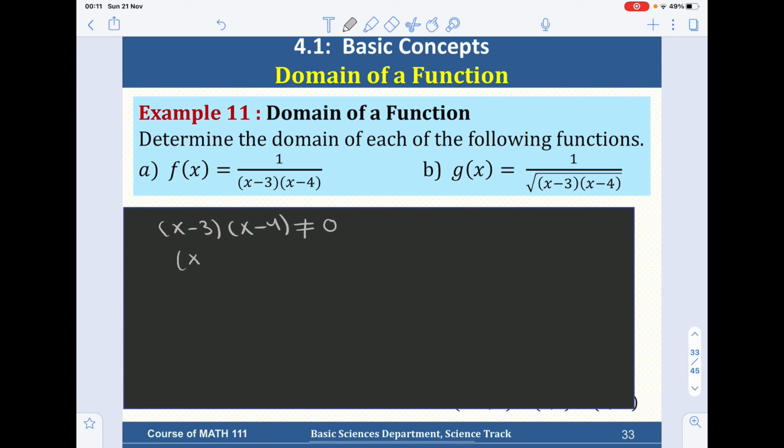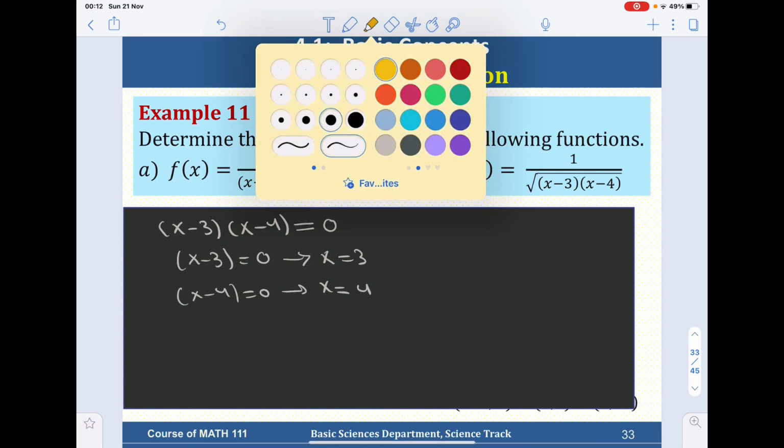So two values equal 0. Either the first one equals 0, so in this case x equals 3, or x minus 4 equals 0, so x equals 4. So these two values make the denominator equal 0.